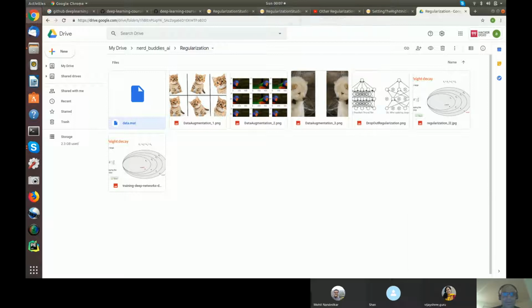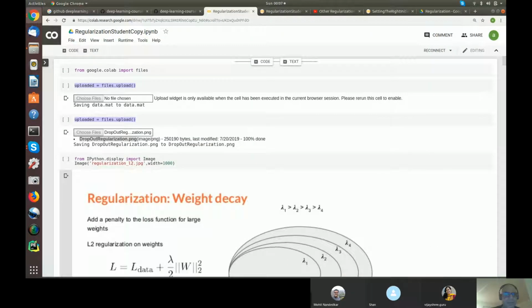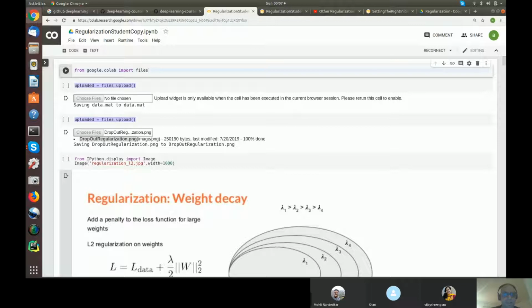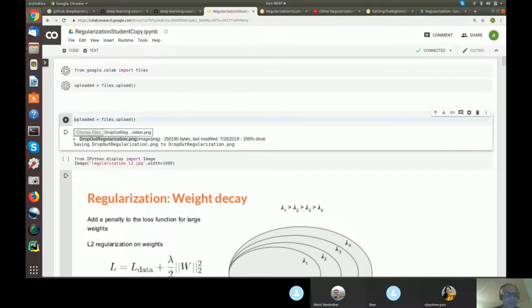So when you go to that notebook, if you run the first 2 lines, the first one says from Google Colab, import files. The second one says actually import the file.